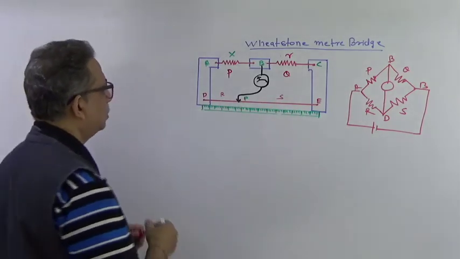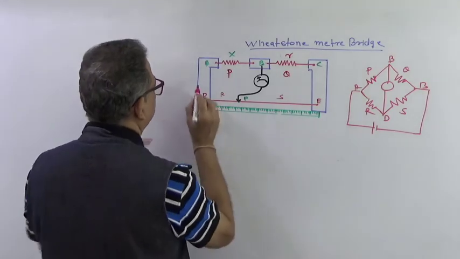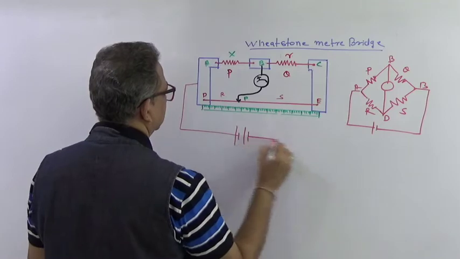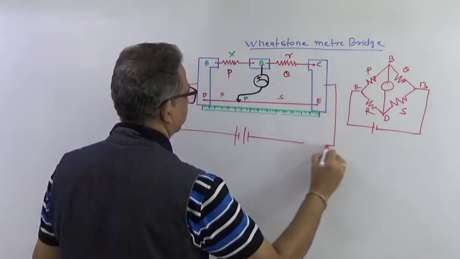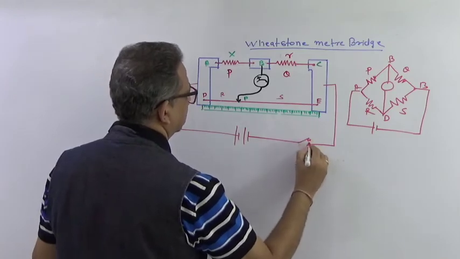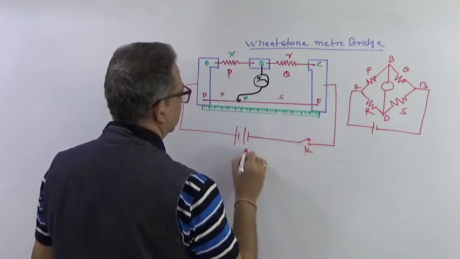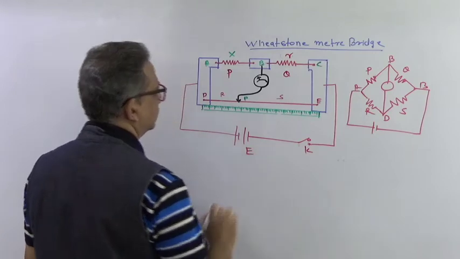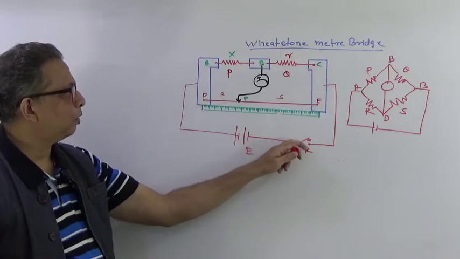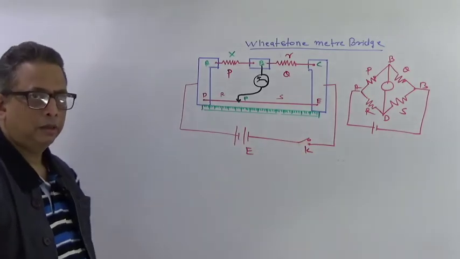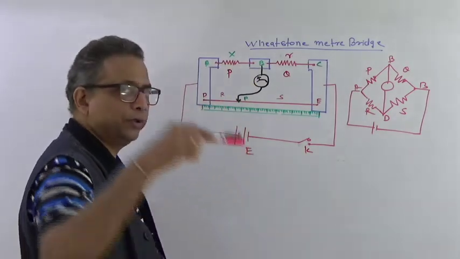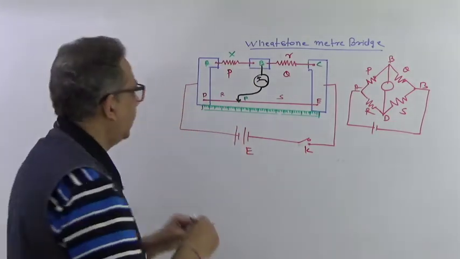Now this whole part, A and B, is connected to a battery with an EMF E, and it will always have a key over here. When you turn on the key, this is a slider, a kind of jockey.